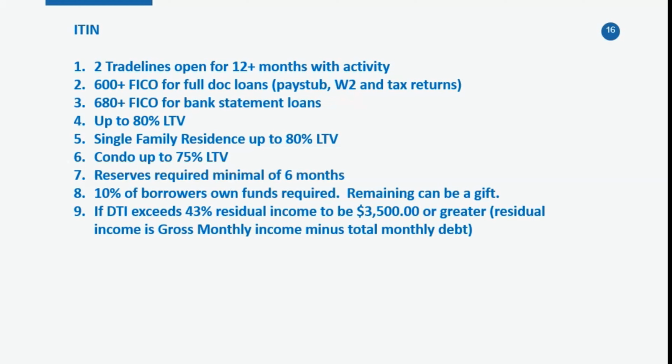So I just want to go through their guidelines. Typically they want 2 trade lines open for 12 or more months with activity. Some of them now have a guideline of 1 trade line of their own open for 12 months or more, but you need 2 other self-reported credits.